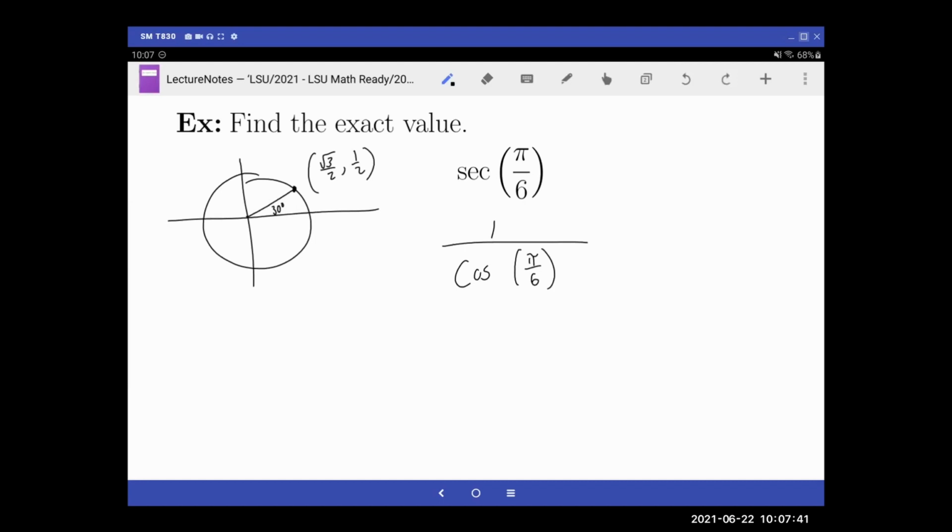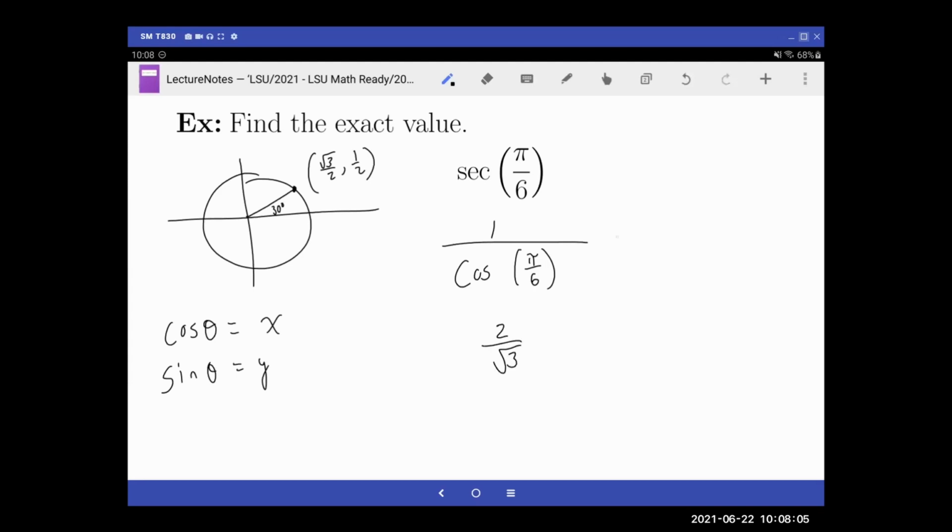Whenever we think about sine and cosine, we think about cosine of an angle as an x value and sine of an angle as the y value. So if we're looking for cosine, we're looking for the x value here, or the reciprocal of the x value, because we want the secant. So the reciprocal of that is 2 over the square root of 3.